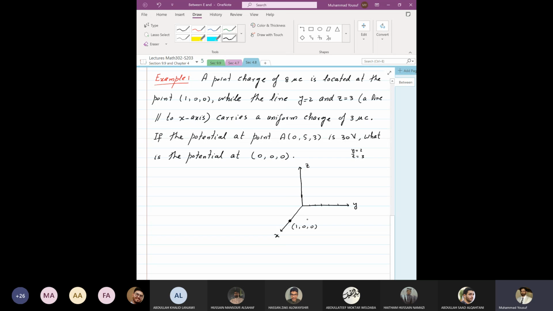And here let me make a line parallel to the x-axis: 1, 2, 3, 4, 5, and z equal to 3. So let us say this point is A, (0, 5, 3), and that is a line parallel to the x-axis. And we need to find what is the potential at the origin.